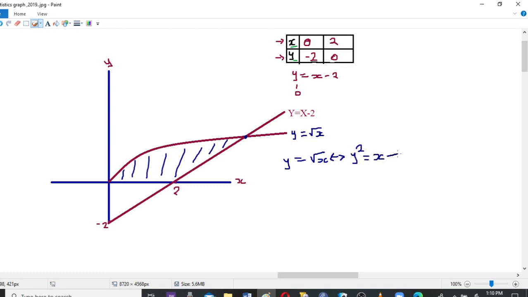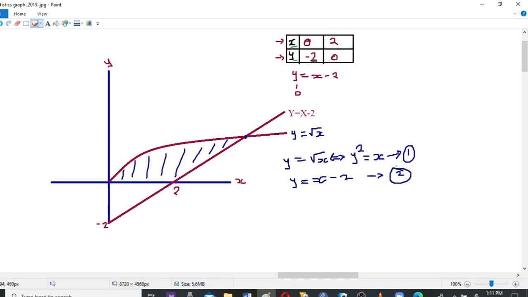Yes. So we can let this one be our equation 1. We have just written this in another form: y squared is equal to x instead of y is equal to the square root of x. And then we have y is equal to x minus 2 as our second equation. So this one is equation 2.